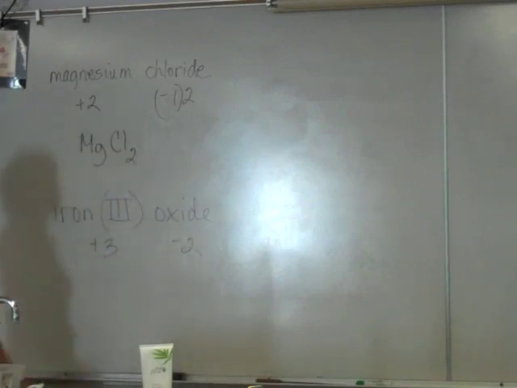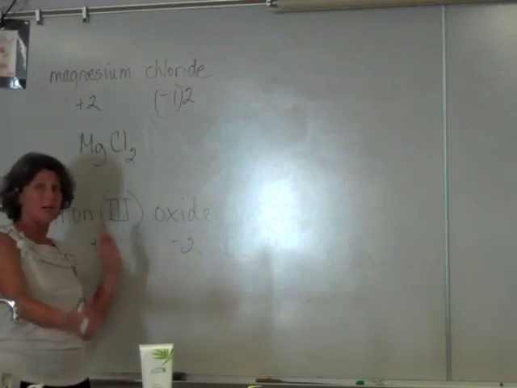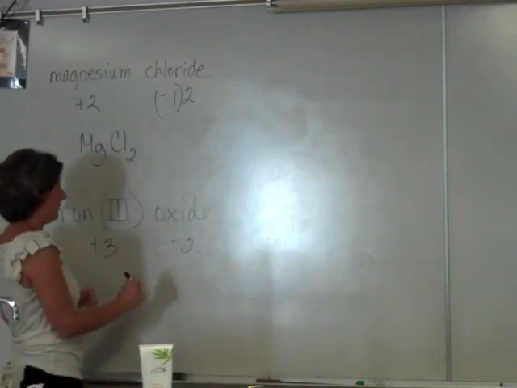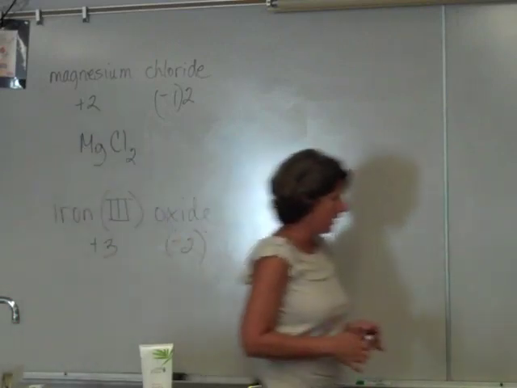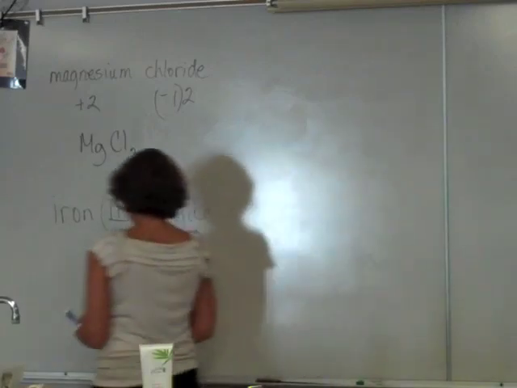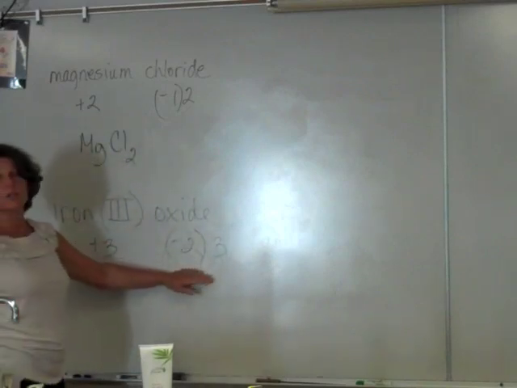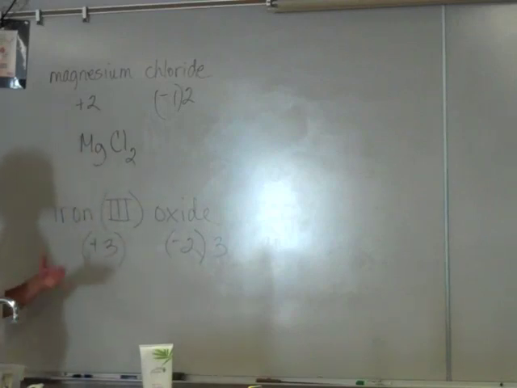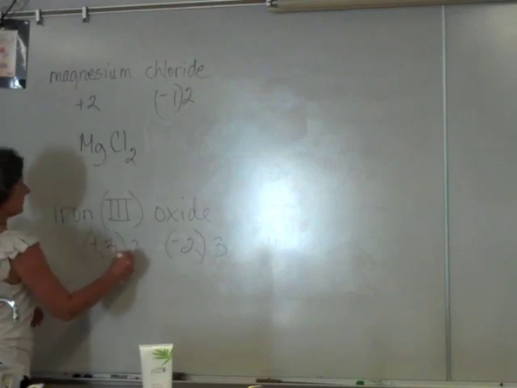So what are we going to do? There's not one number that we can multiply just one of these by to make it equal. We have to multiply both of them. If we multiply this one by a 3, that'll give us an overall negative 6. And this one, what should we multiply it by? 2, right?